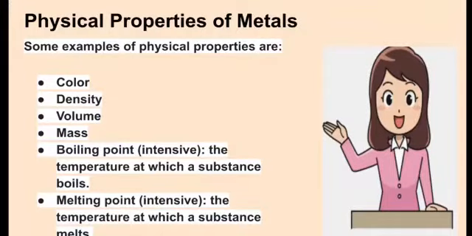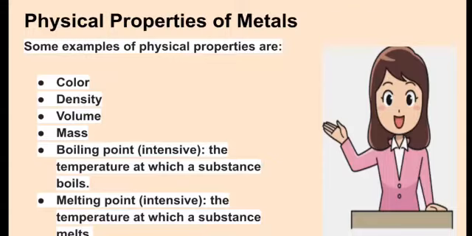Now we'll study their physical properties. What is a physical property? To study them well, we learn about their physical properties. The physical properties are color, density, volume, mass, boiling point and melting point.